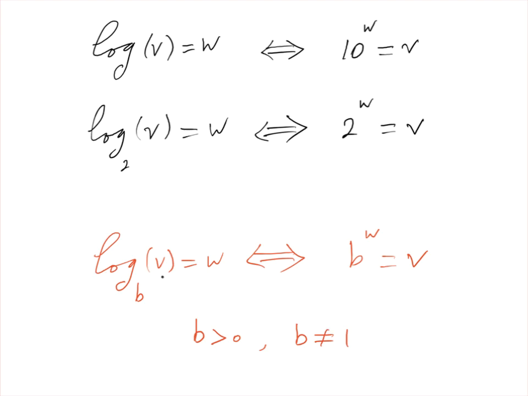So if you have log of v in base b equals w, that is equivalent to the base b raised to w equal to v. And if you remember from exponential functions, the base cannot be negative and cannot equal 1. So those are the restrictions on the base. And it's the same base we're using for logarithms.